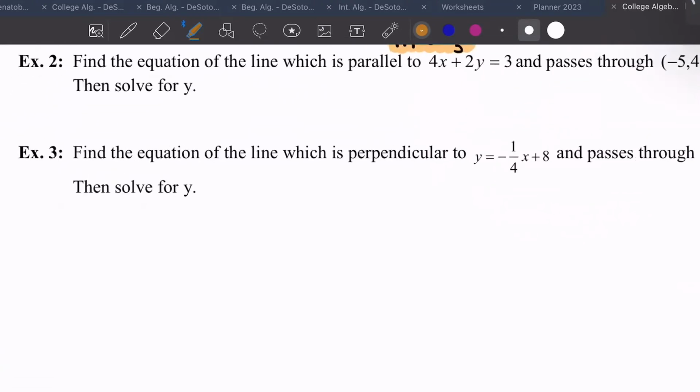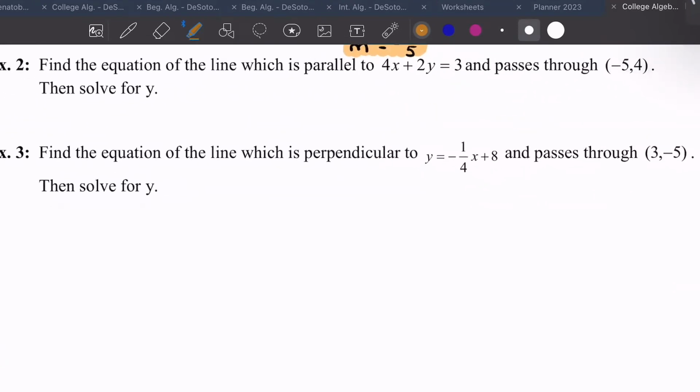Now let's look at putting some of this together. So I need to find the equation of the line that is parallel to this line, so same slope, and passes through this point. Okay, I need to find the equation of that line. So here's what we're going to need to do. First, we're going to use point slope. Okay, so that's y minus y1 equals m times x minus x1.